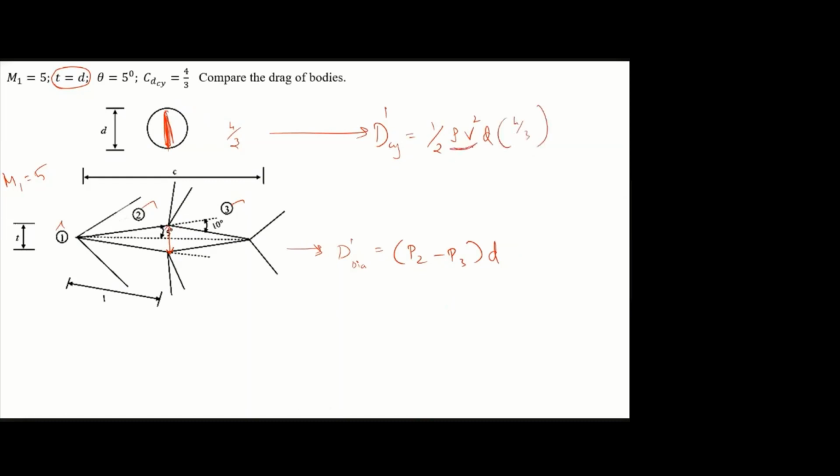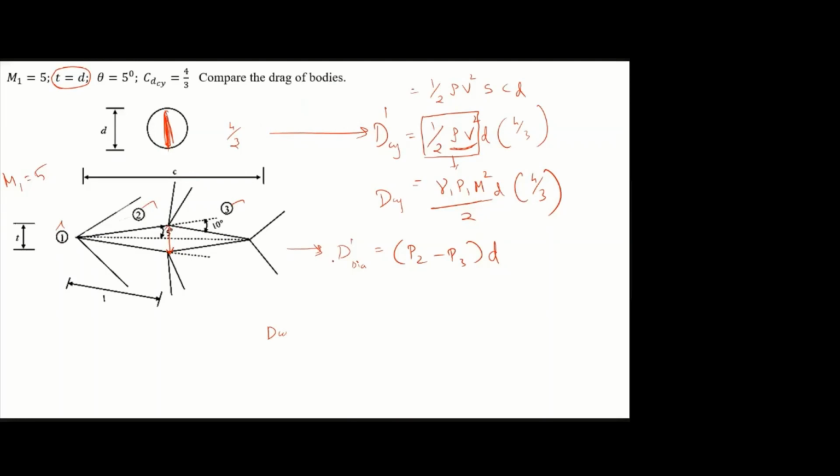And I don't know rho V. We know how to convert half rho V square in terms of pressure and Mach number. How to convert? Okay, now they're asking us to compare.